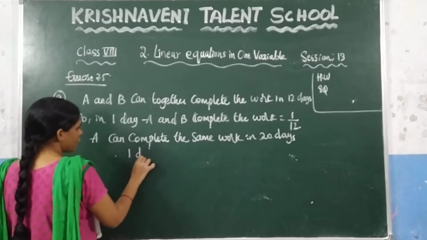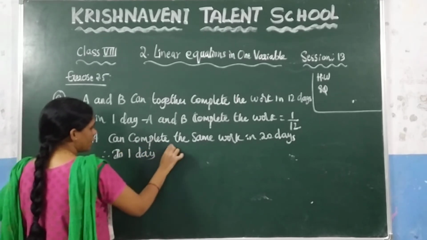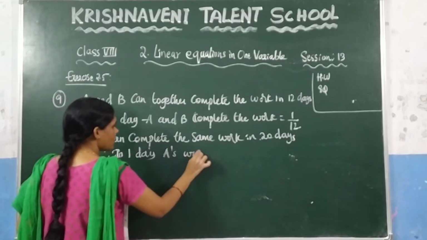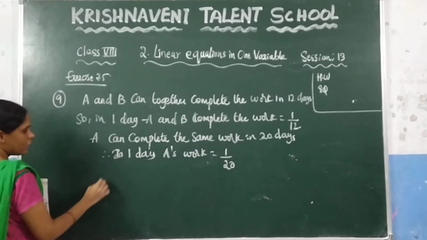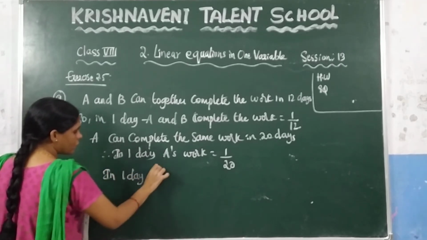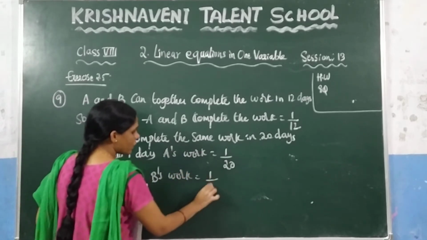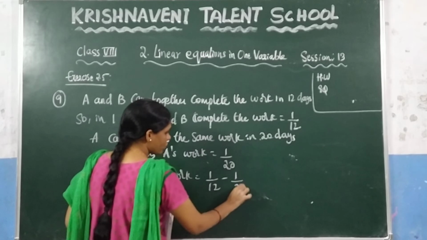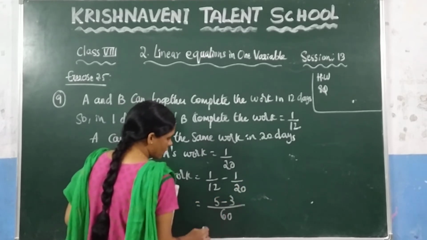Therefore, in one day B's work is 1 by 20. Now calculate here for 1 day. If you want to calculate here, you need to take the subtraction of these two values. Just now we have calculated the LCM, we got it as this one.